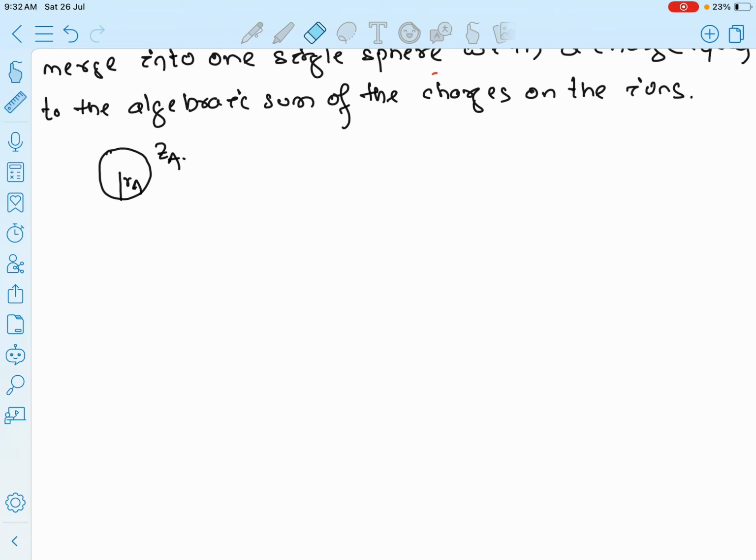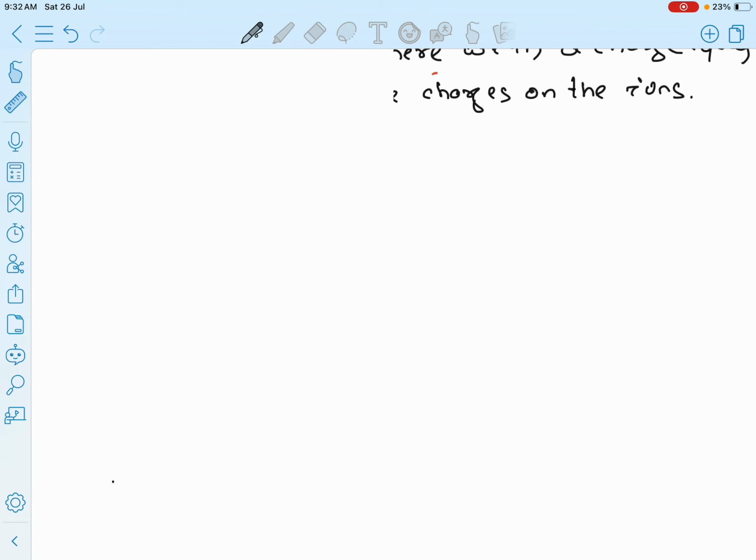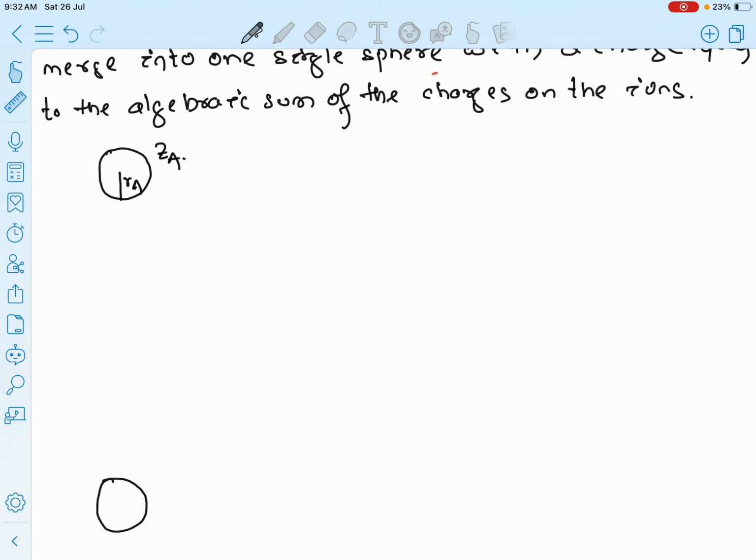Another ionic species, also spherical in shape according to this model, has a radius of Rb and charge of Zb, and they are placed at infinite distance, mutually approaching each other.